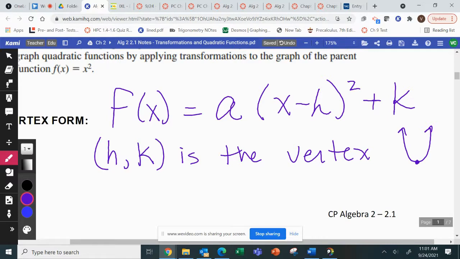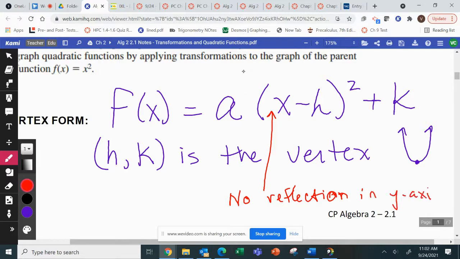What you'll notice also about vertex form is there is no reflection in the y-axis, and there is no horizontal shrink or stretch.